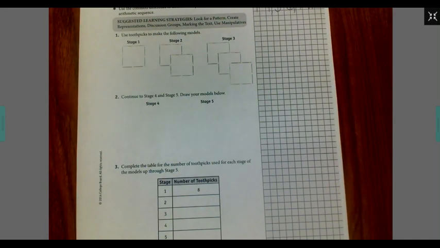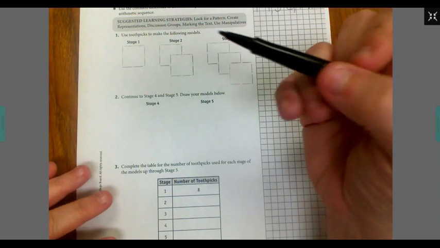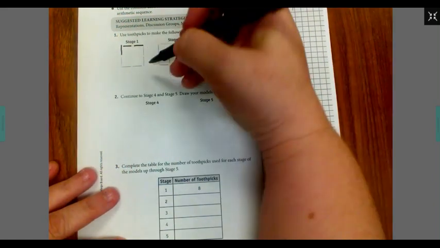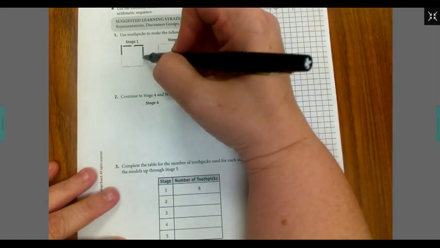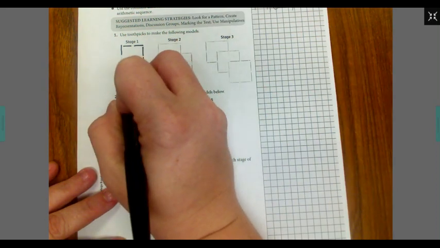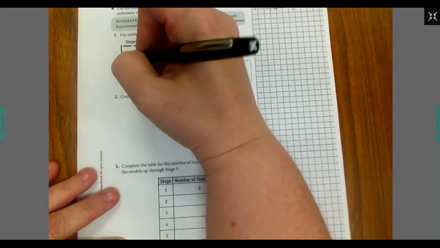It says use toothpicks to make the following models. So they have, and it's hard to tell on my copy, but it's got like a line. We have a toothpick here, toothpick here, toothpick here, here, here, here, and here.